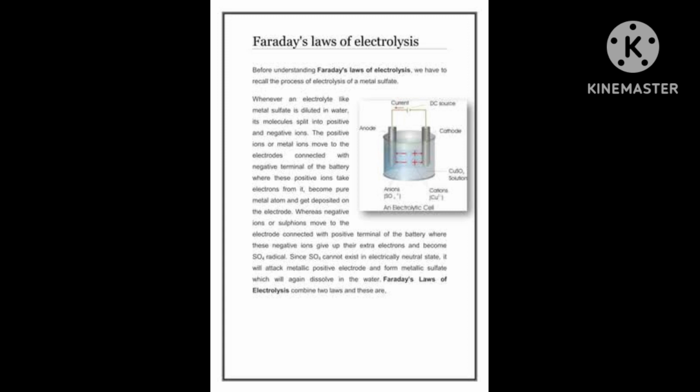Like that, if NaCl is there, as already told, sodium metal you will get, and chlorine gas at the anode. Calcium chloride is there, same way calcium will be obtained at the cathode, and chlorine gas at the anode. So that depends upon the electrolyte. What type of electrolyte you have used. Okay.